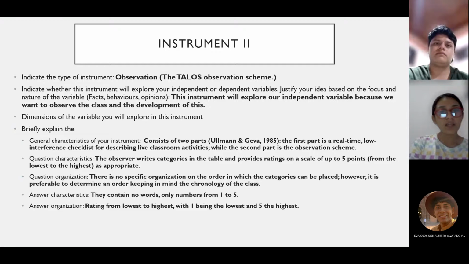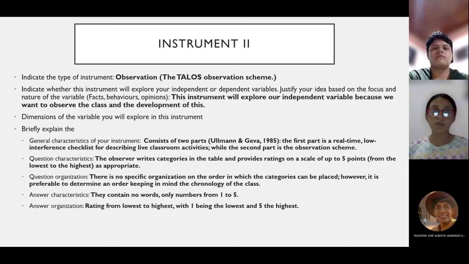The question characteristic: the observer writes categories in the table and provides ratings on a scale of up to 5 points, from the lowest to the highest. The question organization: there is no specific organization on the order, but if you want to have a good methodology to determine an order, you need to keep in mind the chronology of the class.